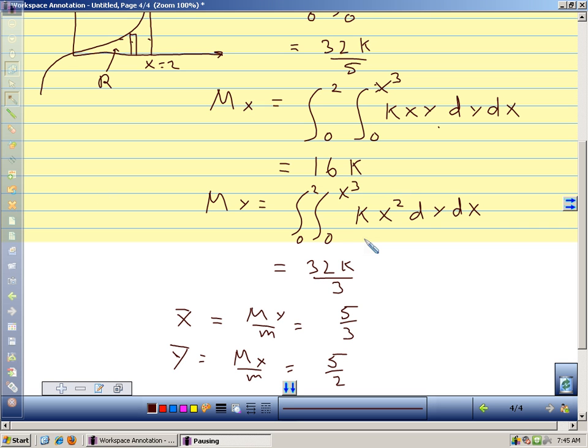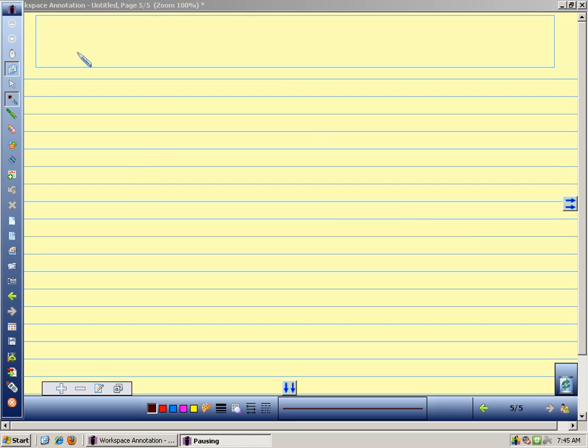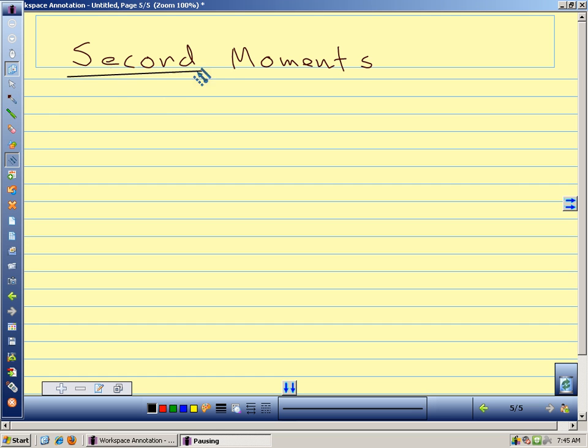All right, now we can talk about second moments. For our first moment, we weighted the mass by its distance from the x or y axis. For the second moment, we weight it by the square of the distance.